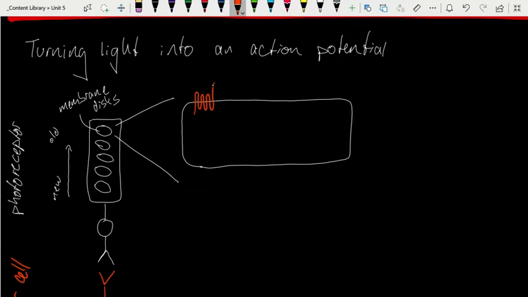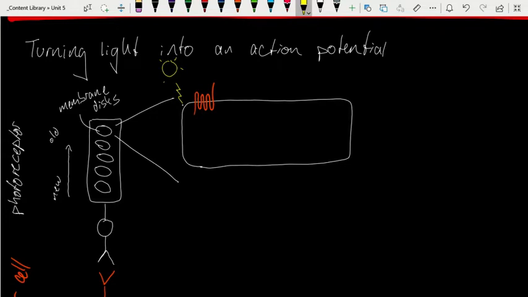Now, the challenge that we talked about before is figuring out how to get this thing to fire. In all the other cases that we talked about, there was a ligand that bound to the receptor, inducing the conformational change that would lead to its activation. But here, we don't have a ligand. All we have is light. And we need to understand how to do that.